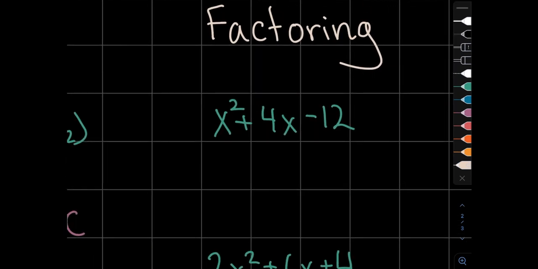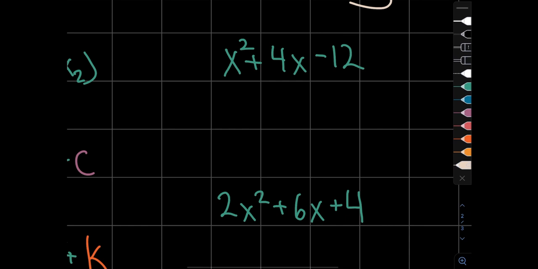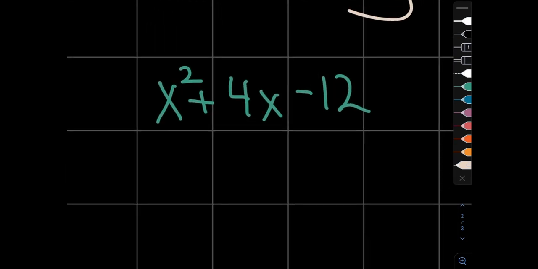So it's not going to start with this. This is the basic way to factor, and we'll talk about the thought process behind it. But as soon as we get to a coefficient, then we get into this random way of factoring.